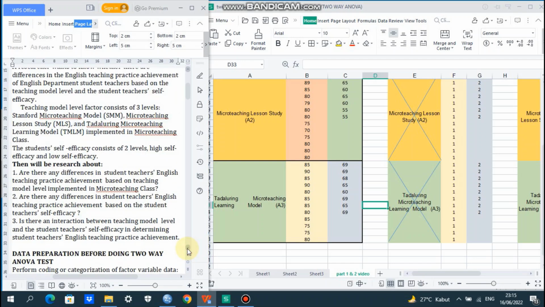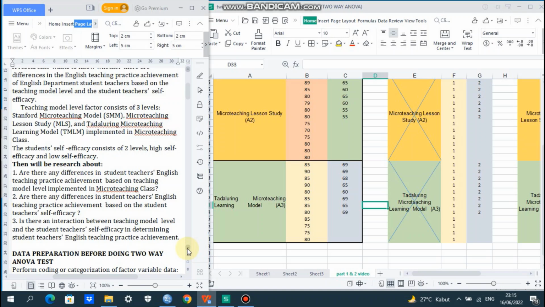And then the second factor, the teacher candidates' self-efficacy, consists of 2 levels, high self-efficacy and low self-efficacy.